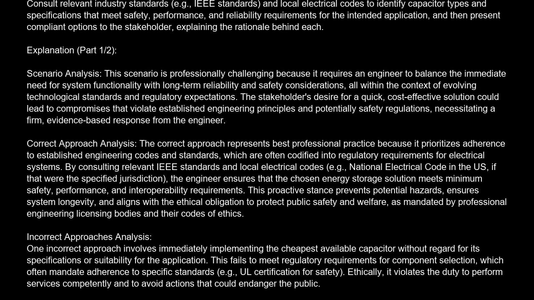This proactive stance prevents potential hazards, ensures system longevity, and aligns with the ethical obligation to protect public safety and welfare, as mandated by professional engineering licensing bodies and their codes of ethics.